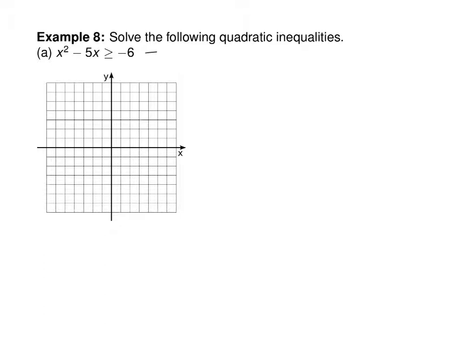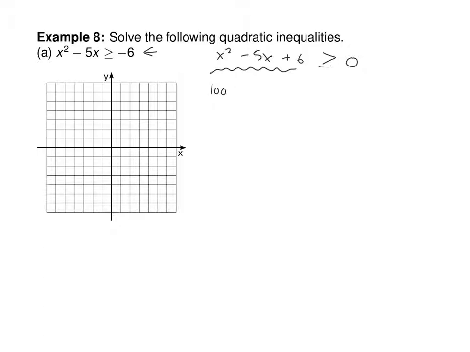So take this and instead translate it into x squared minus 5x plus 6 is bigger than or equal to 0. Does that make sense? Yeah? Okay. And bigger than 0 means positive, right?